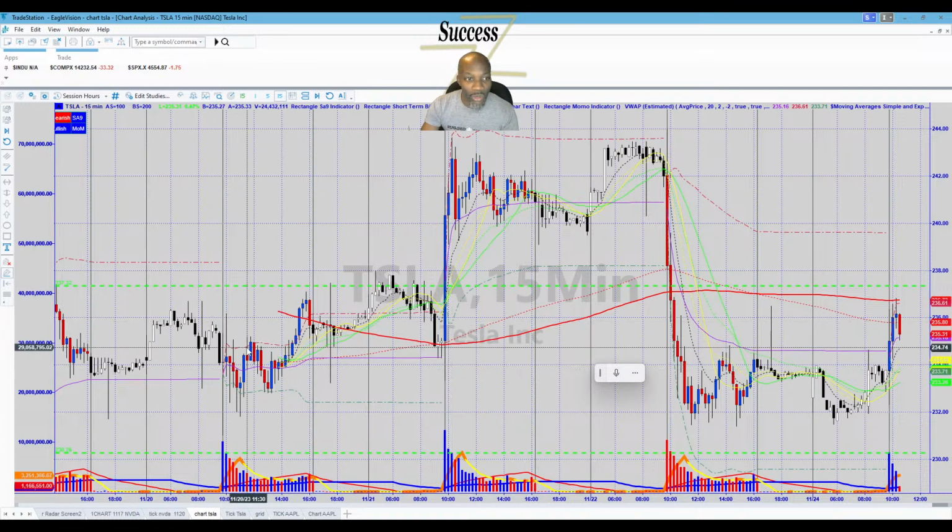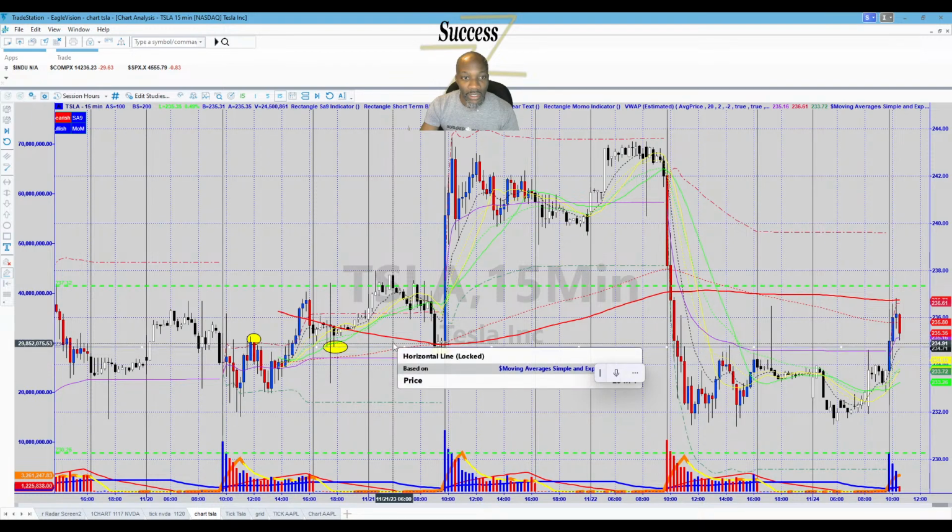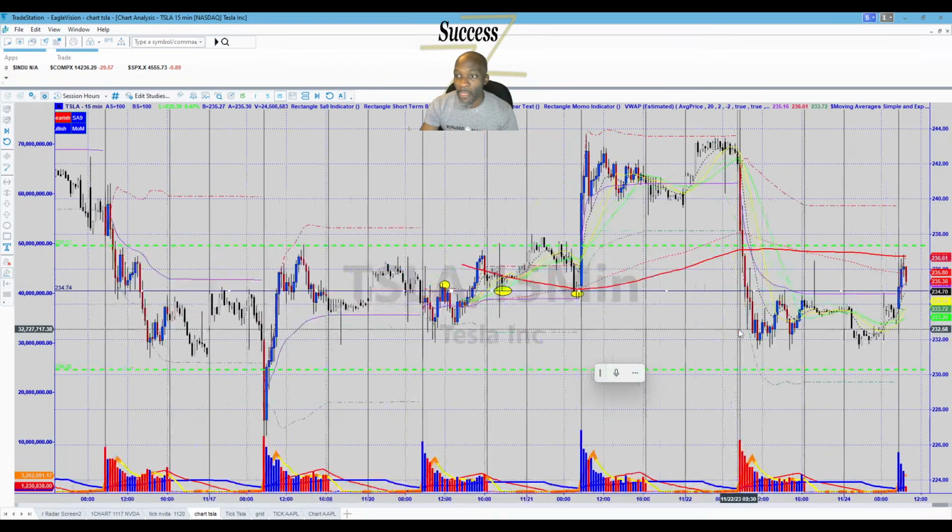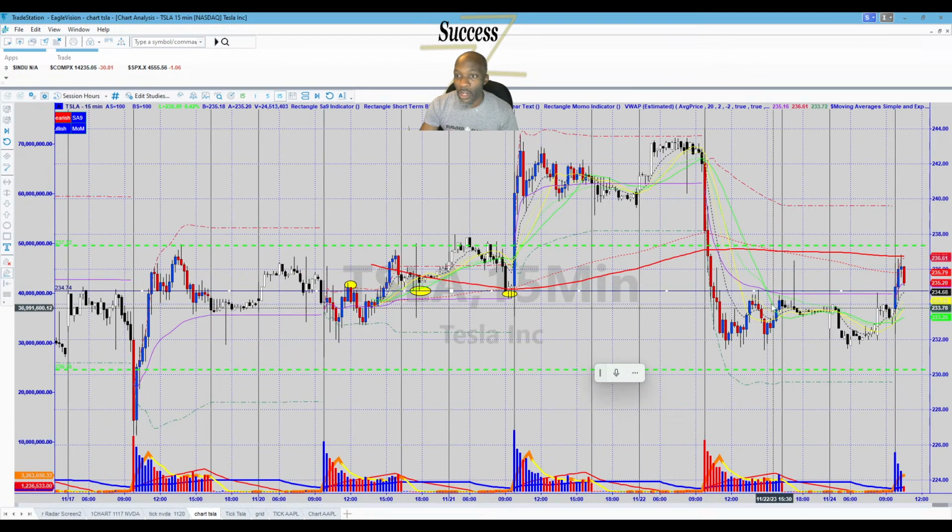Okay, so at this level we're hitting this alpha here, beta there. So this general area might work. And it also came here as well, right? And closed in that area. So this area might work.